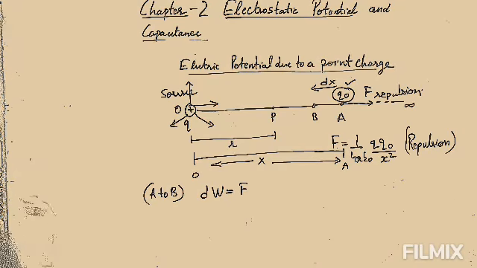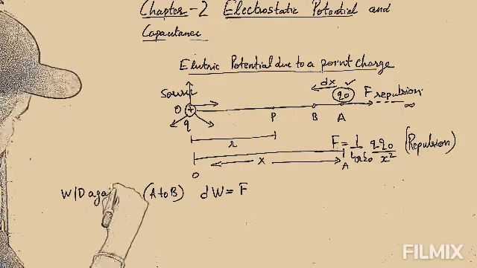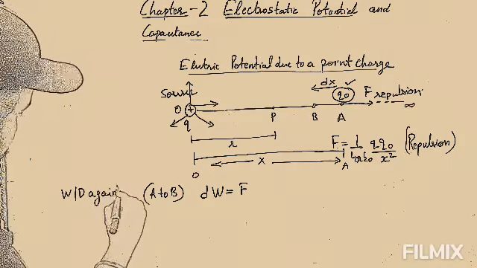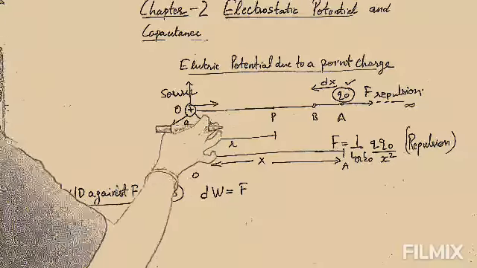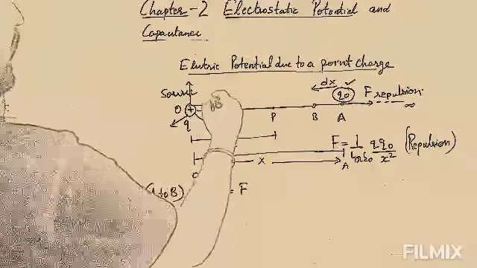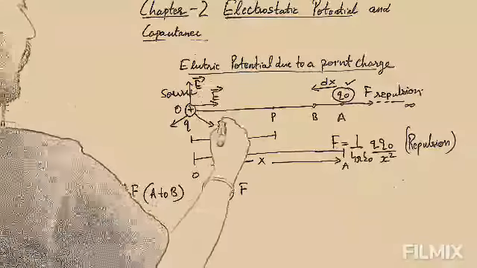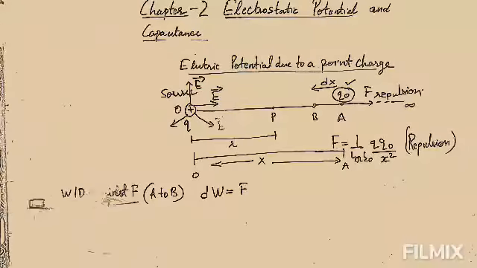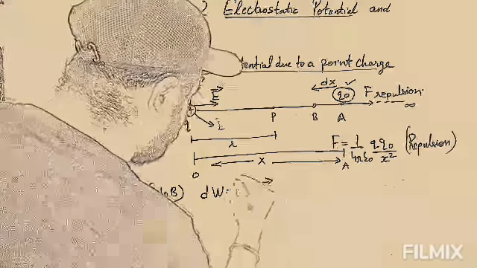The electrostatic force of repulsion, F, due to the electric field of this source charge, which is always emerging outward from the source charge. So this is given as the dot product of these two quantities.